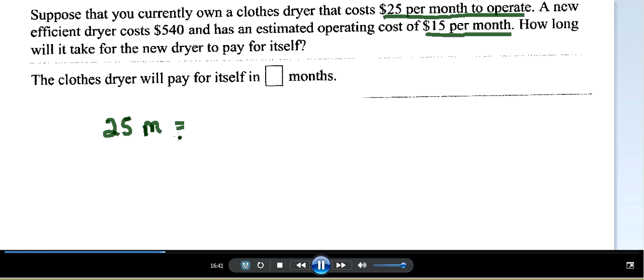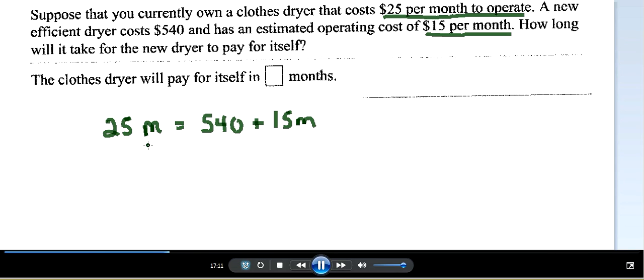So in other words, it costs $540 plus the cost of operating it, and the newer one is $15 a month. So I want to know, when will it pay for itself? When will these two equations be equal to each other? I'll solve for m to figure that out.